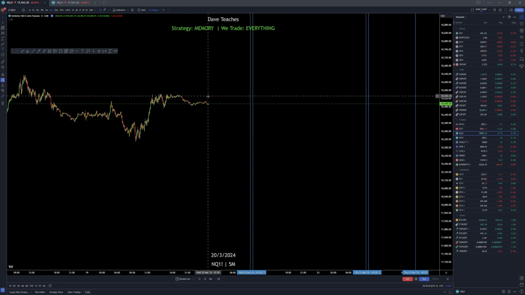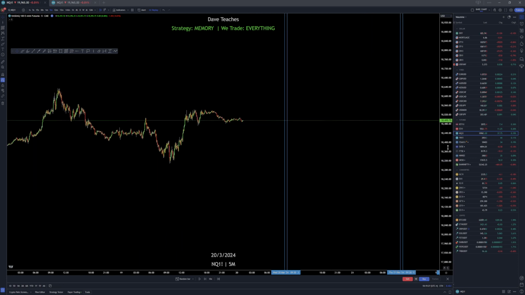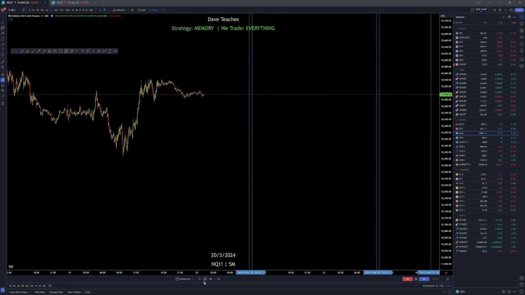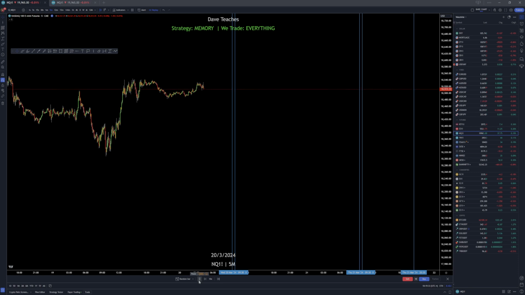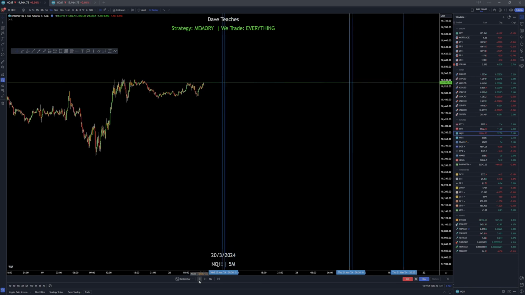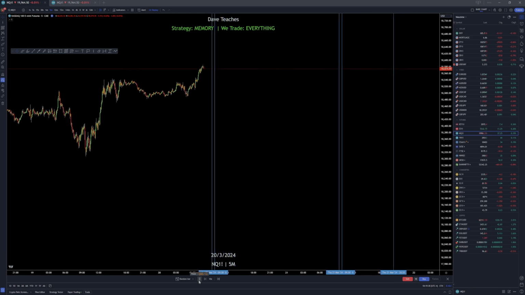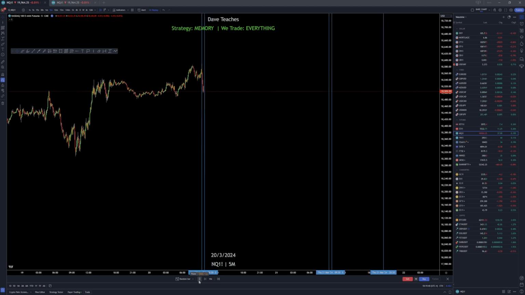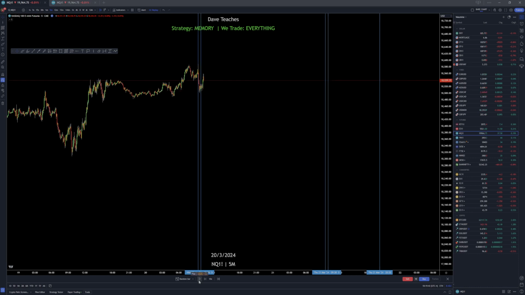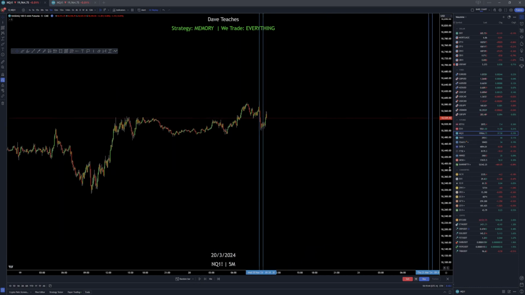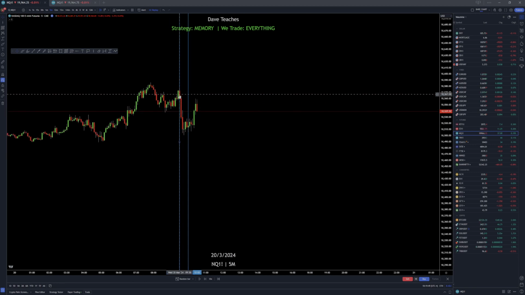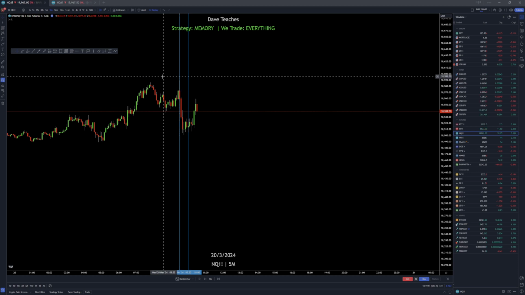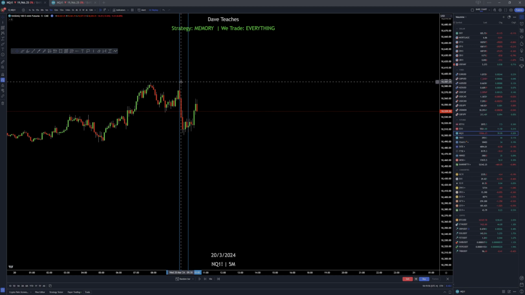But at 10, we're going to look at that 5-minute candle closure and trading back to 10 o'clock. So here's the 9 o'clock, 9:30 manipulative part of price, right?